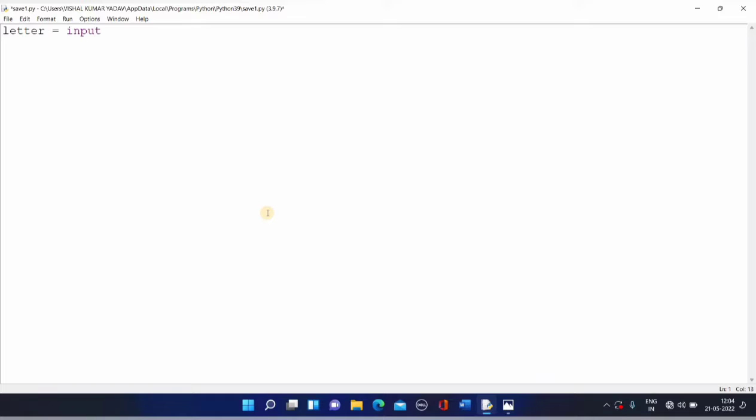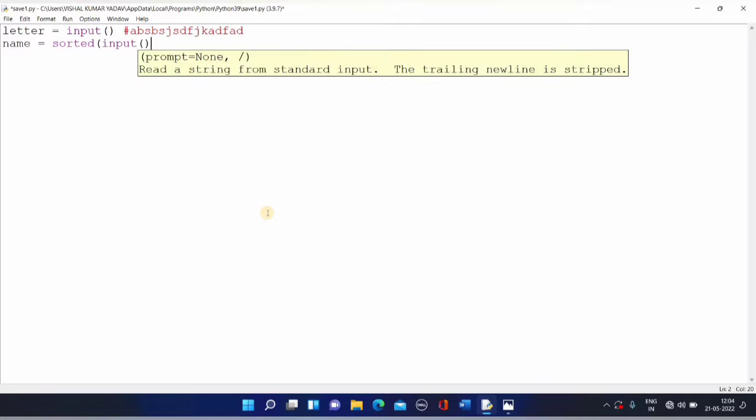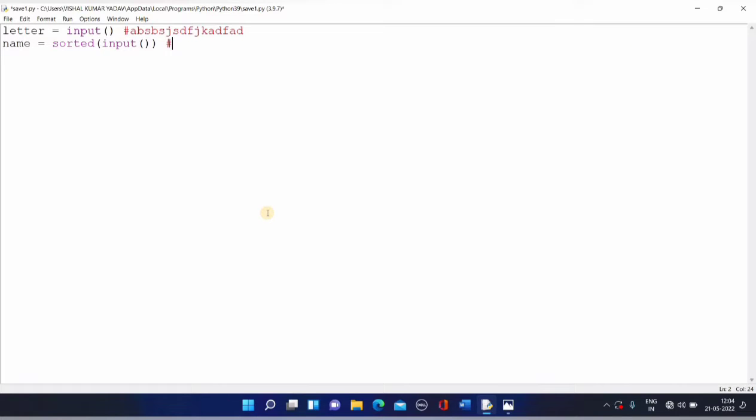Let me first follow the output format. letter = input. Here the user will be providing something like A, B, C, and then comes the name. But what I'll be writing is sorted input. Suppose this is the name ABCD, which is already in sorted form. Sorted means that I have to arrange.